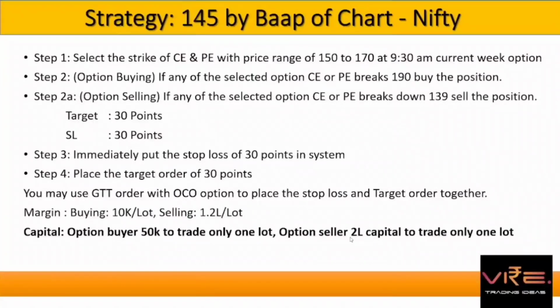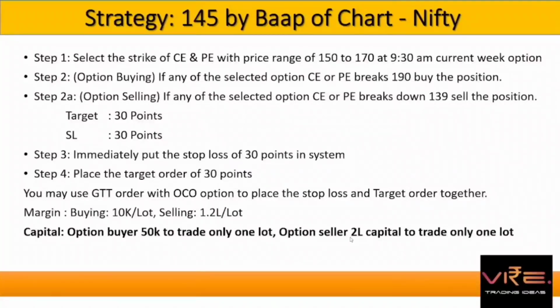Similarly, for option selling, the rules are the same, with the same points of target and stop loss. But when we enter, once either of the options breaks below 139 and sustains there, we will be entering the sell side. Hope the strategy is very clear. It's clean and simple.